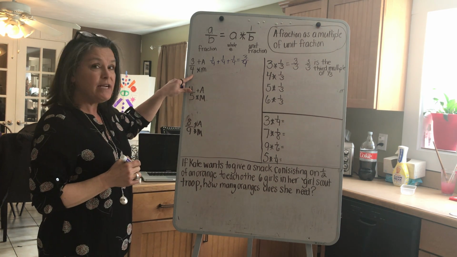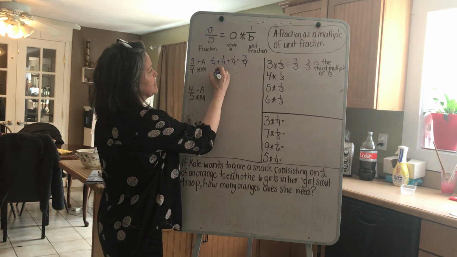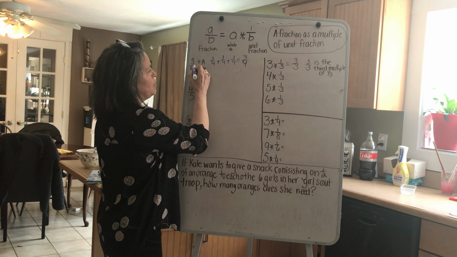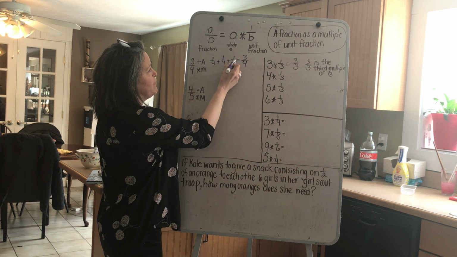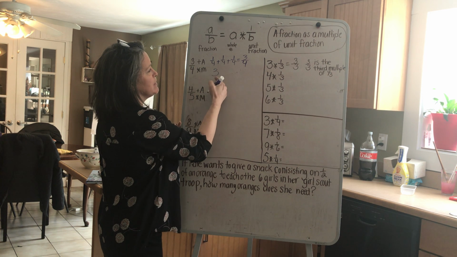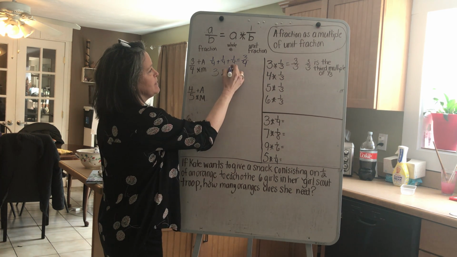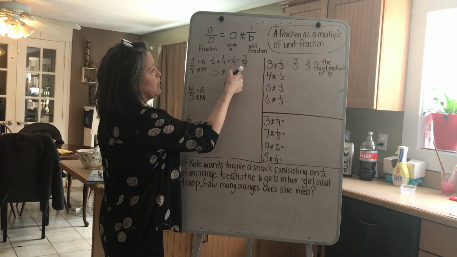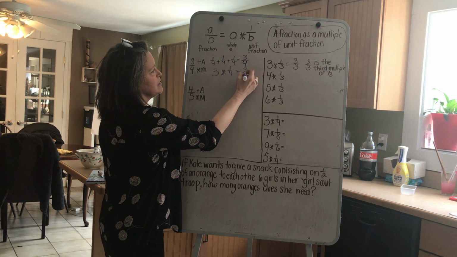If I did multiplication for this, I'm going to say, okay, what is my whole number? How many fourths did I have? 3. So that's my whole number, and I times it by the unit fraction, and that will also equal 3/4.